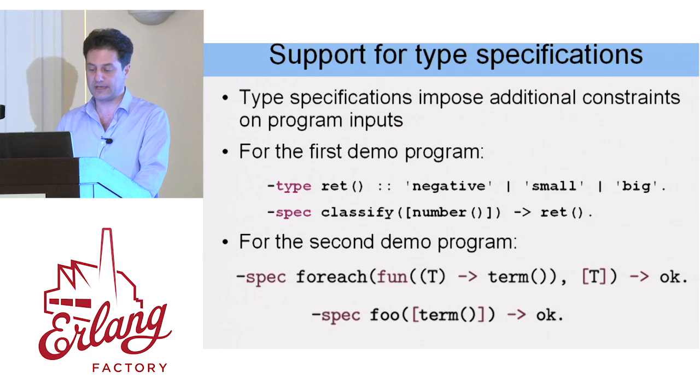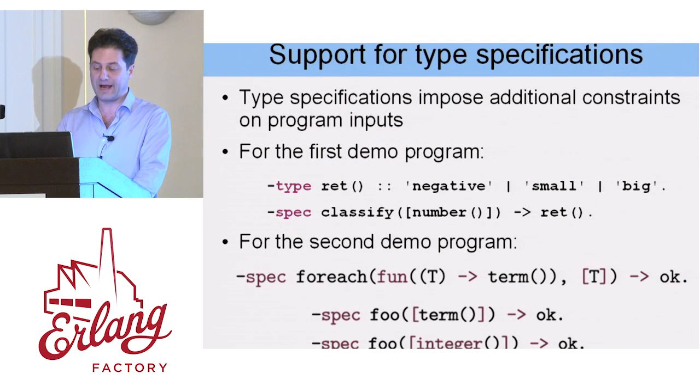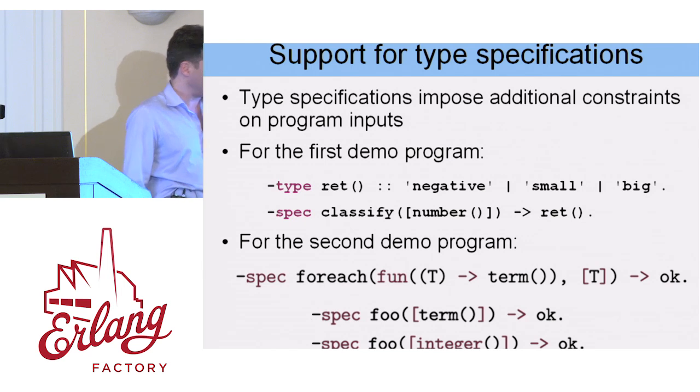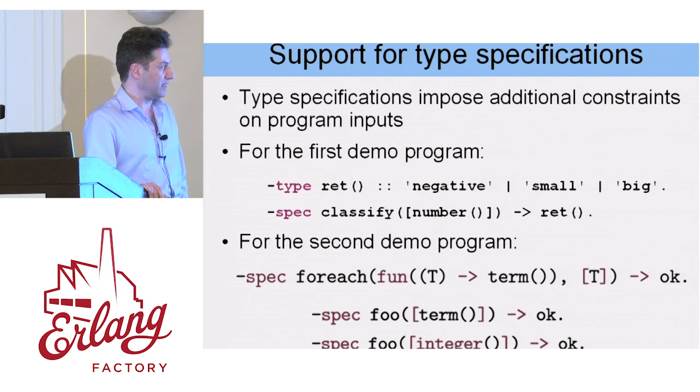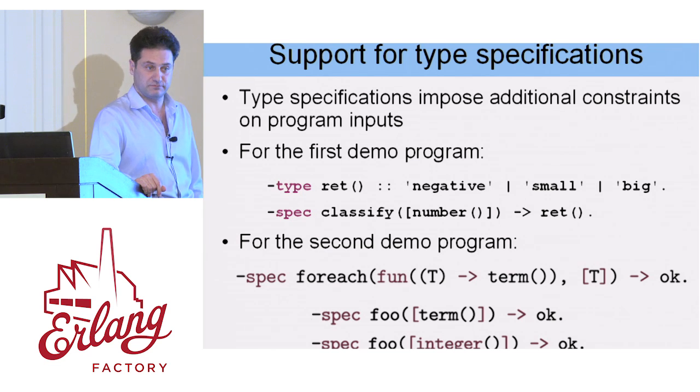So you can add type specifications like I did, and you will get the inputs that actually make sense and you are interested in. And of course, you can make these type specifications as refined as you want. For example, in the second program, I could say this is supposed to work with a list of terms, or I could say I want it to work with a list of integers only.